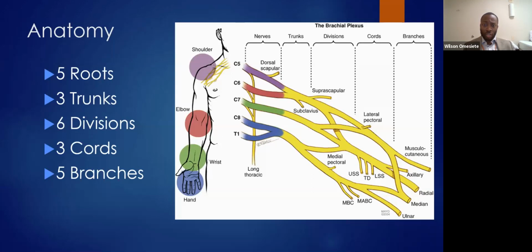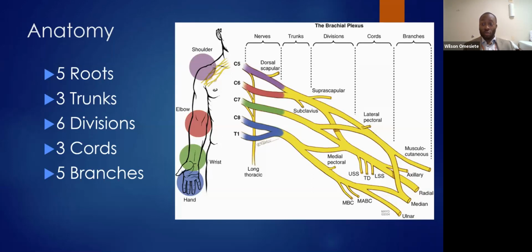And then each trunk splits into anterior and posterior divisions, which reform into the cords named for their relationship to the axillary artery. The lateral cord terminates as the musculocutaneous and portion of the median nerve at the branch level. Here we're carrying fibers from C5, 6, and 7.